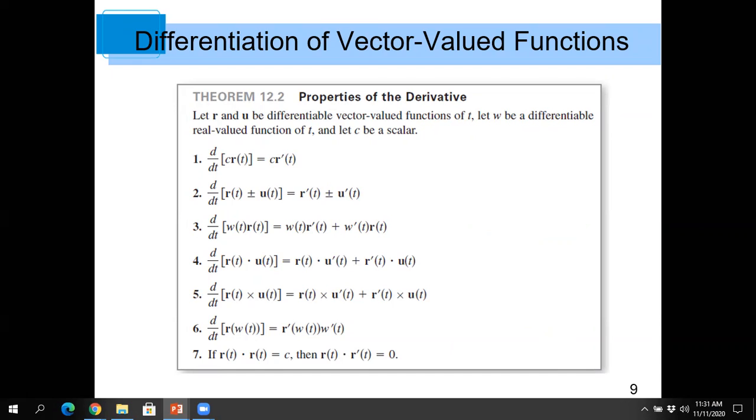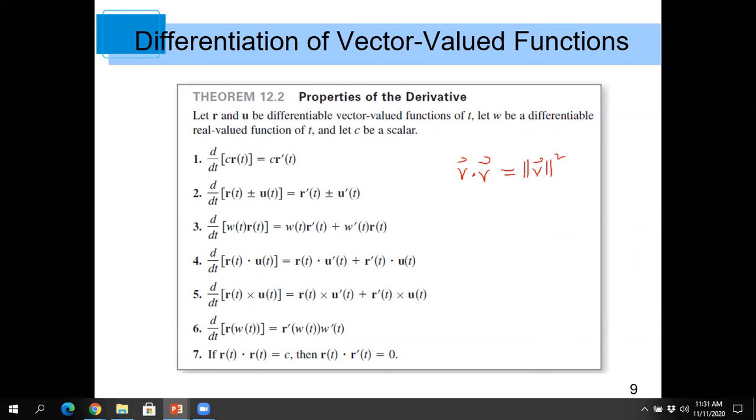Do you guys remember if we had a vector and we dotted that vector with itself, what was that? It's the magnitude of the vector squared. That's exactly right.